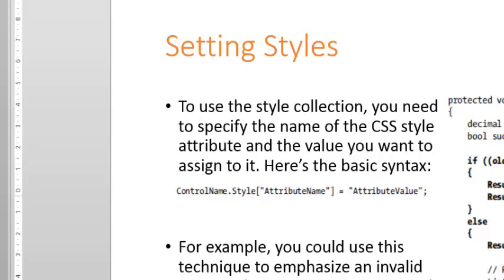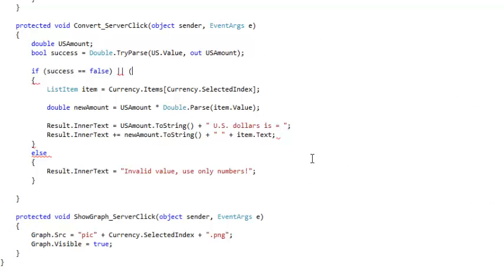We need to get it. Oh, okay, it's already there. So if the user entered a value less than zero, a negative value, this will not be accepted. Only positive numbers will be accepted by the application. So this is the if statement: in case the conversion failed, or the US amount is less than 0.